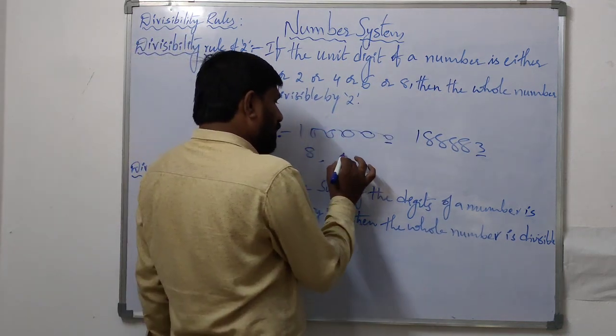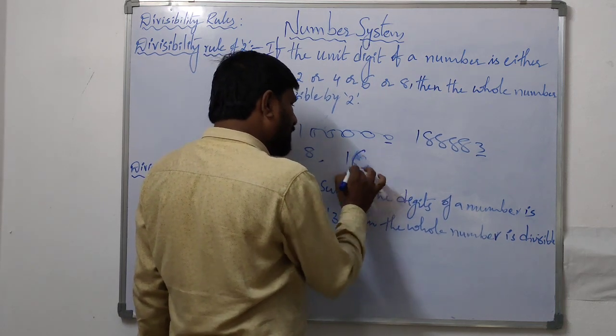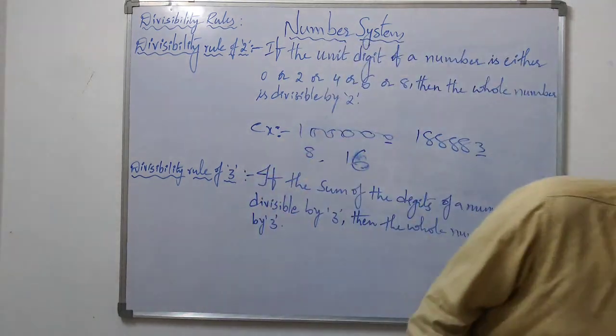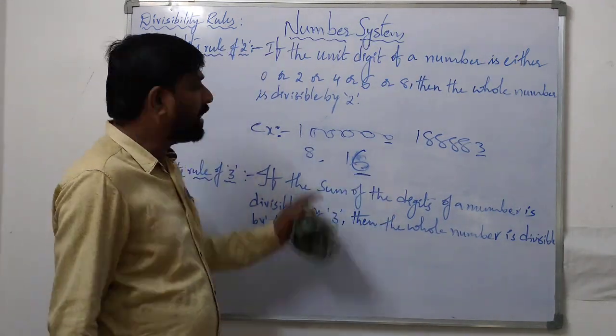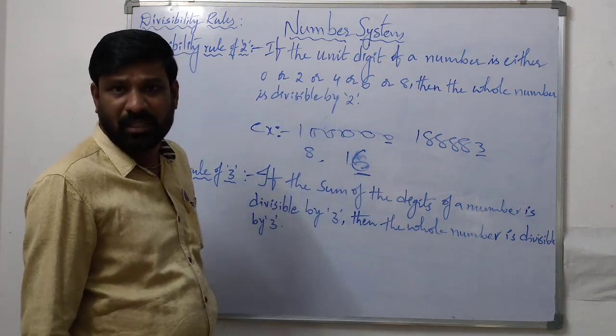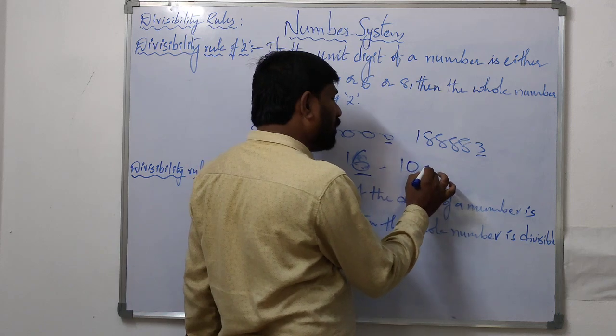Like this, take some 2-digit number, 18 or else 16. You can take the number 16. With 16, what do we have to check? Only the unit digit, 6. It exists here. So it is divisible by 2. Similarly, take a 3-digit number, 104.